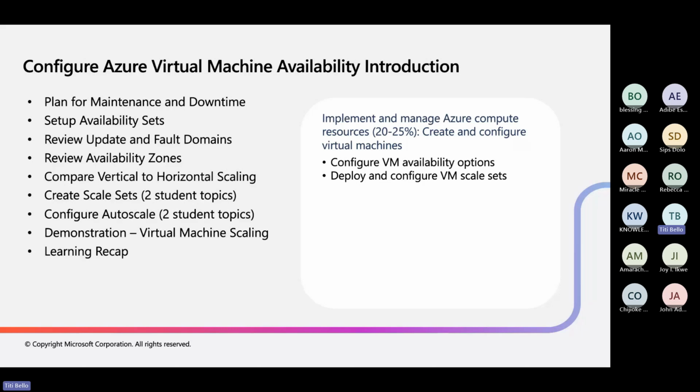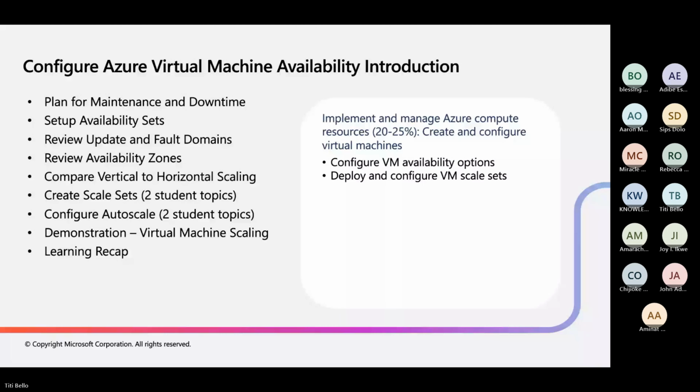Remember, I used 16 gig RAM for the scaling, the scale sets. There was the option of 8 gig RAM, but I used 16 gig RAM for the web app I created.